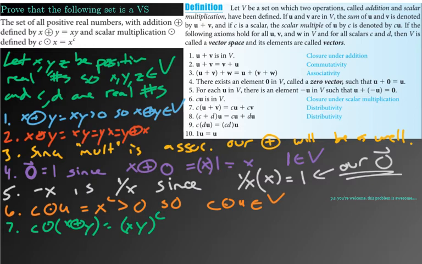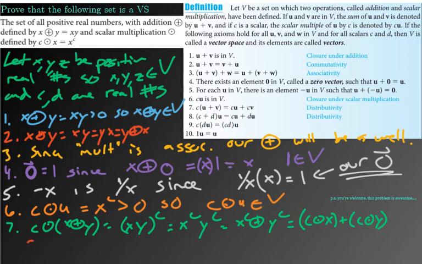By properties of exponents, that's just x to the c times y to the c, which is the same thing as x^c plus y^c, which is equal to c times x plus c times y, which is what we wanted to show. This is just a neat byproduct of properties of exponents.